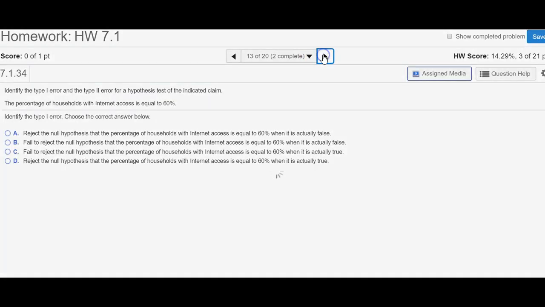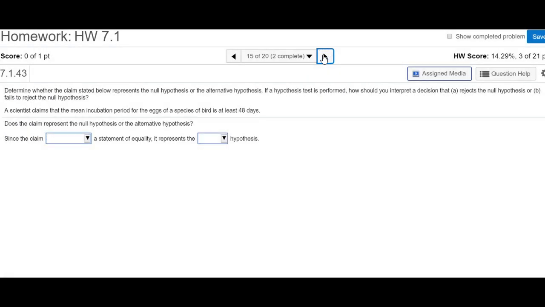All right, now moving on to problem 15. Determine whether the claim statement below represents the null hypothesis or alternative. If a hypothesis test is performed, how should you interpret the decisions? A. Reject null hypothesis or fail to reject null hypothesis.